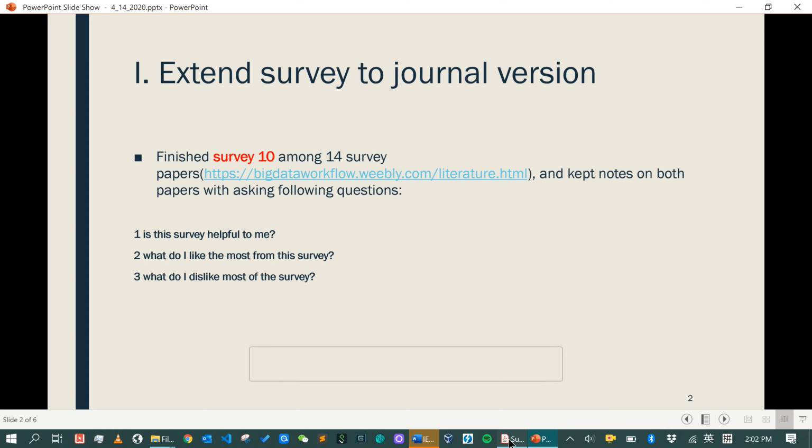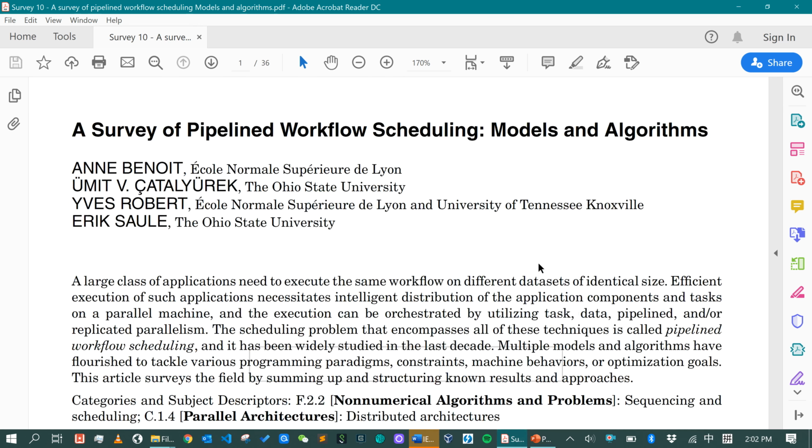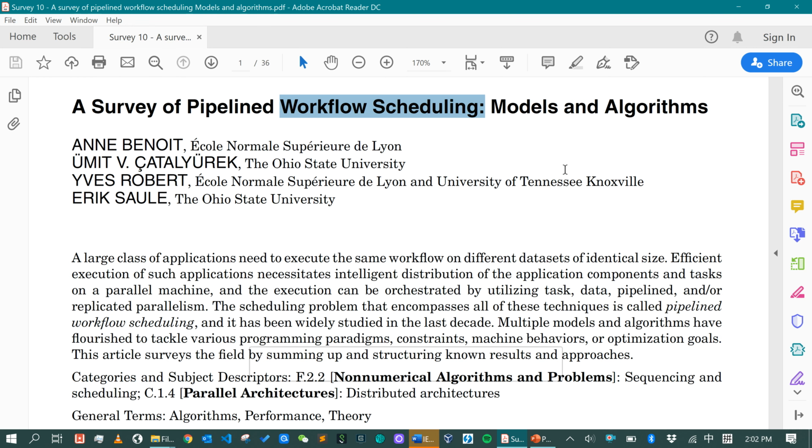This is another heavyweight survey, published in ACM in 2013. It mainly talks about a special kind of workflow scheduling called pipeline workflow scheduling. It focuses on grid computing, with nothing about cloud computing yet, because I think it was published at an early stage, and it covers models and algorithms.